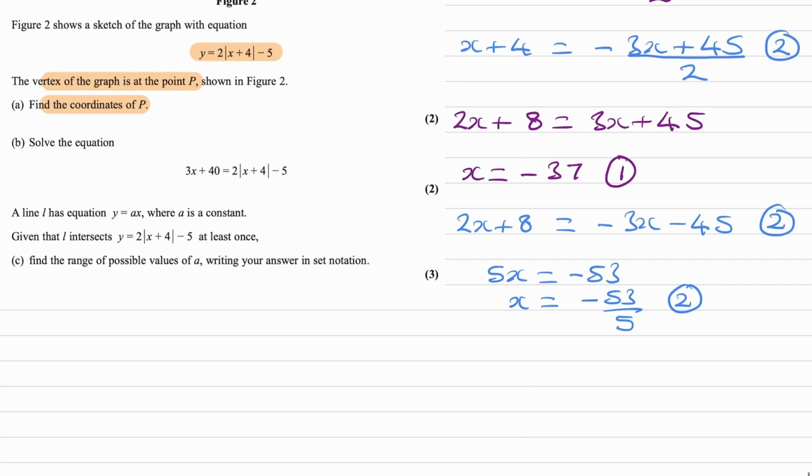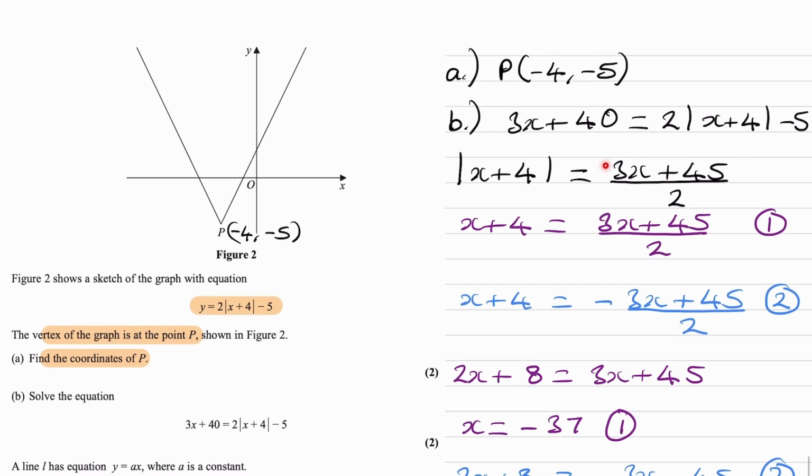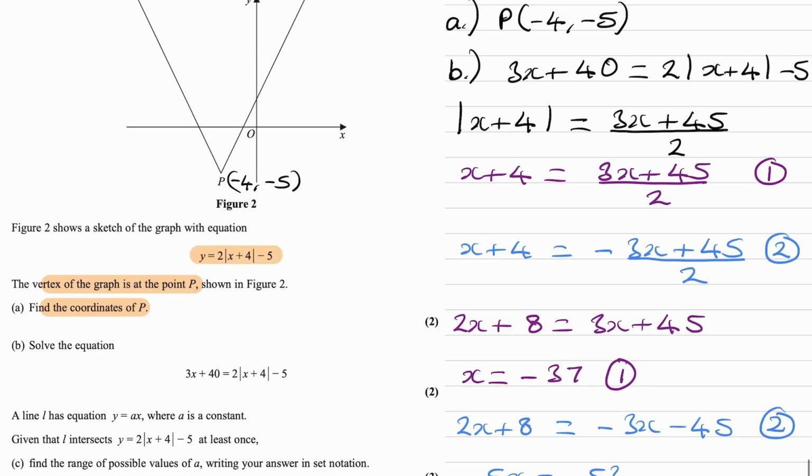So let's start with the minus 37. We're doing 3 lots of x, which is minus 37, plus 45, over 2. That gives us minus 33, which is negative. So basically, when we use that minus 37, the solution that we got, this part of the equation here becomes negative, and modulus of x plus 4 can't equal something negative. Therefore, we know it can't be equal to minus 37.